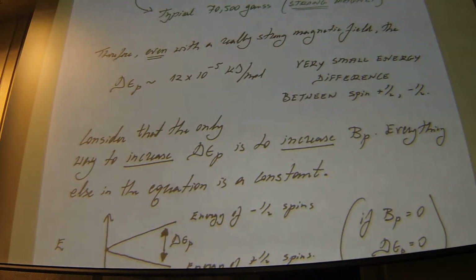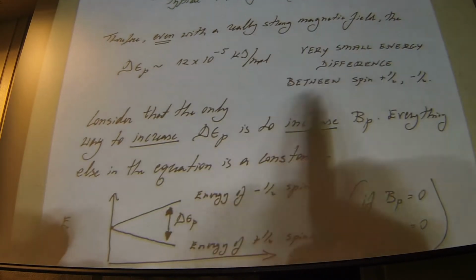Holy smokes, what does that mean? Well, it means that you have such a small excess of nuclei in the high energy level. So that also tells you that it's a small number of nuclei in the high energy state. It's going to be hard to measure anything.